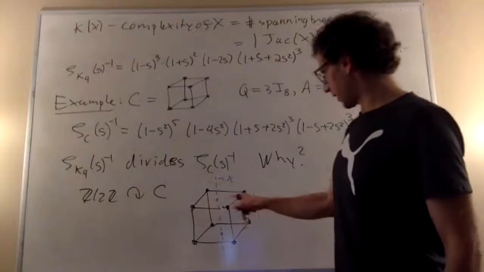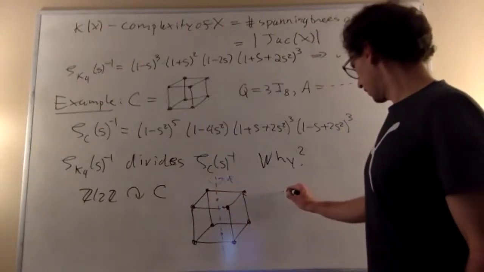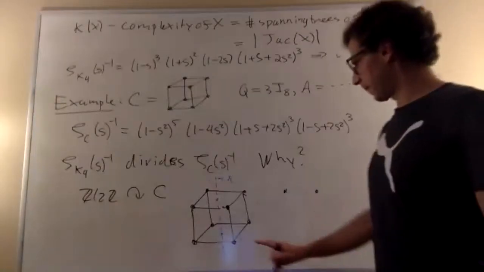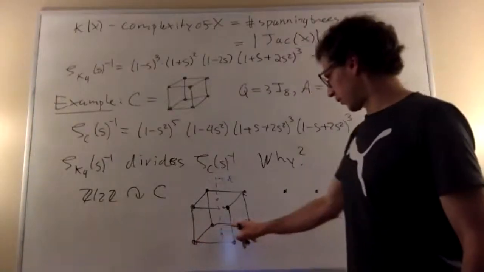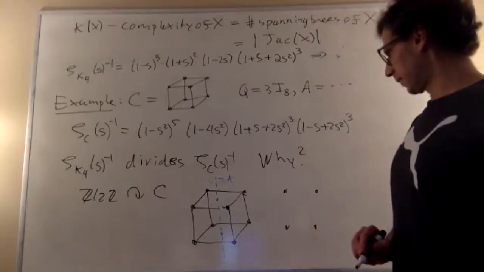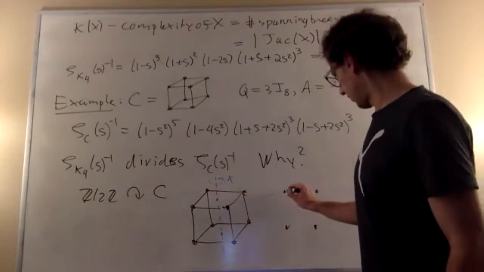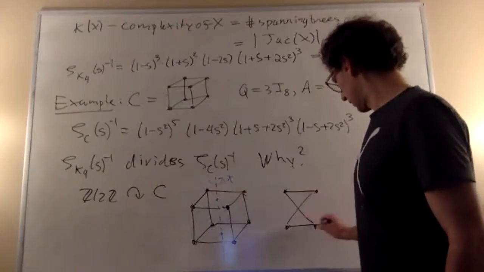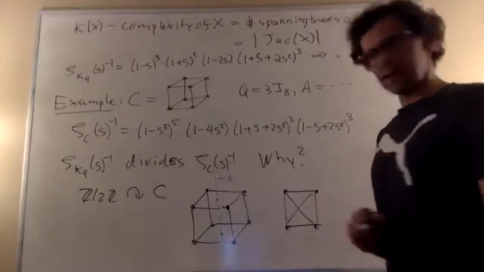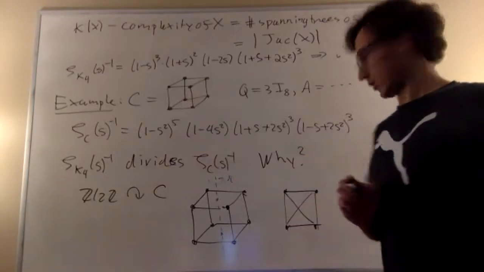So this vertex gets identified with this vertex gets identified with this vertex. So I'm going to have two vertices up here. This vertex gets identified with this one gets identified with this one. I have two vertices down here. And then, well, anyway, what I want you to check is that the resulting graph is actually the tetrahedron graph, okay?